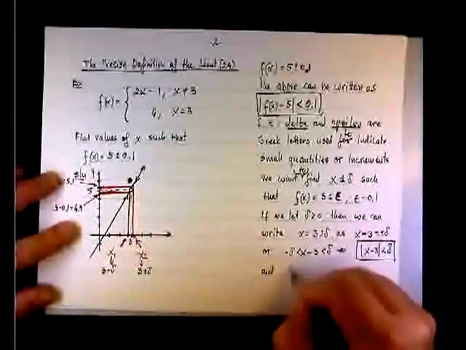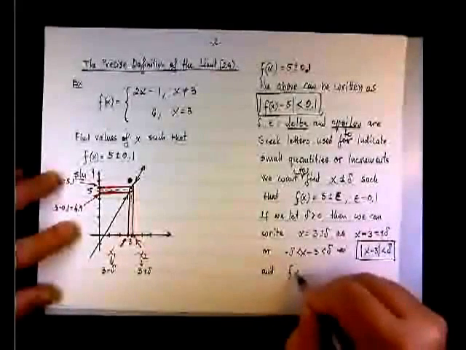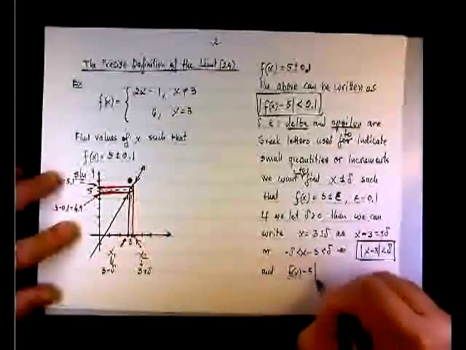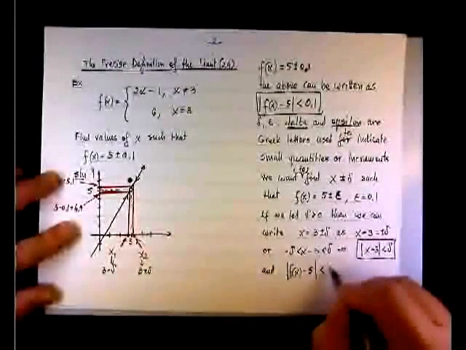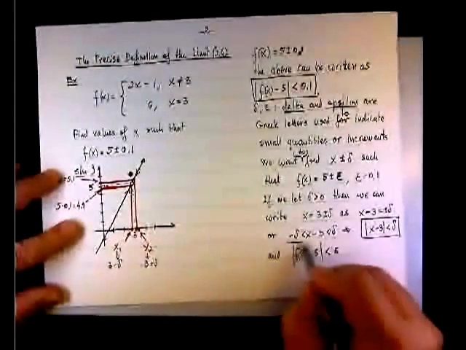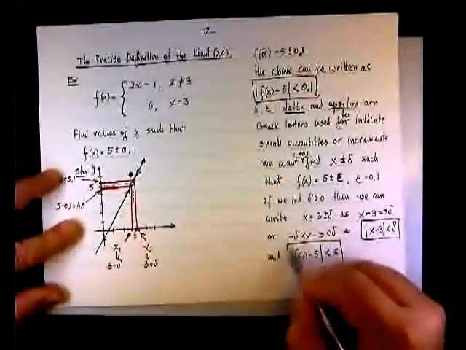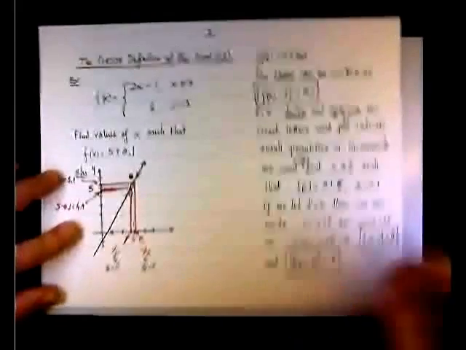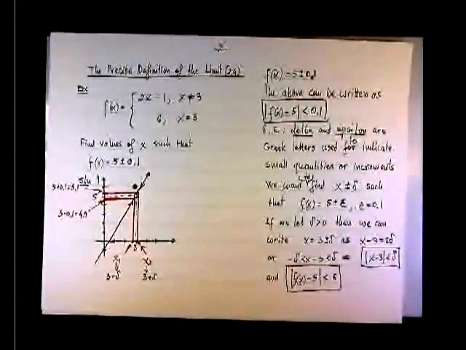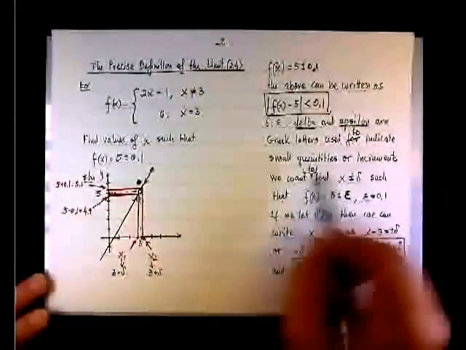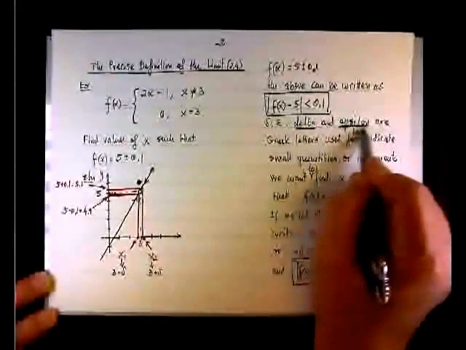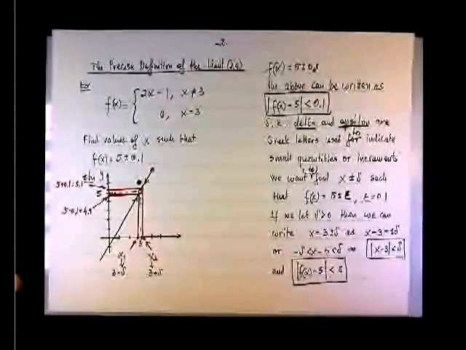This one here and the other one, the absolute value of f of x minus 5, where instead of 0.1, which is the specific value, we have epsilon, which is the general value. Okay? So this is a preliminary part where we introduce some notation, some Greek symbols, delta and epsilon.